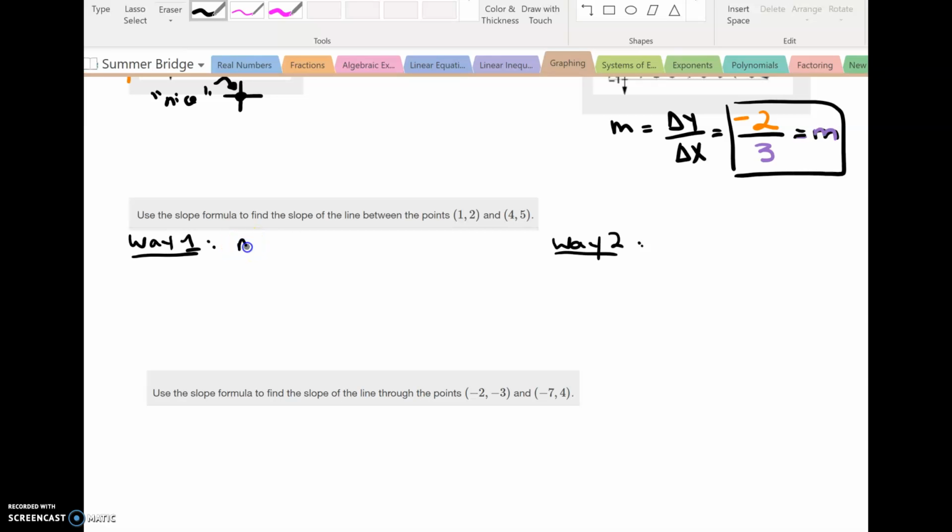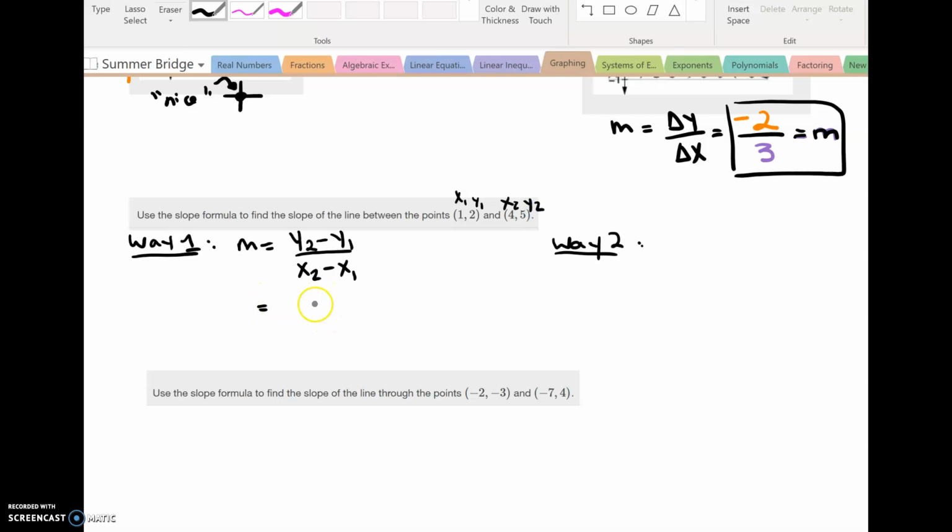So my equation for slope is m equals y2 minus y1 over x2 minus x1. Okay, and you can label it however you want. You can do first point being your x1, y1, and then your second point being x2, y2, or you can switch them around. It honestly doesn't matter as long as you keep it consistent. So x1, y1, x2, y2.